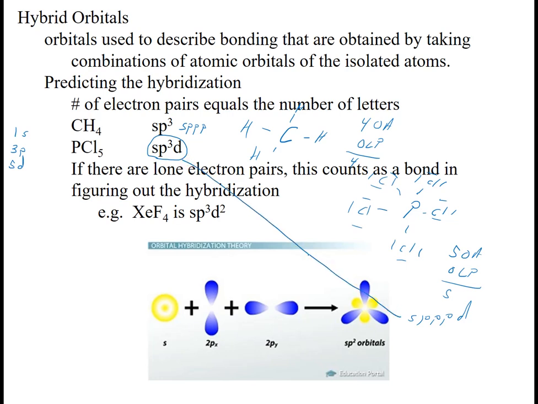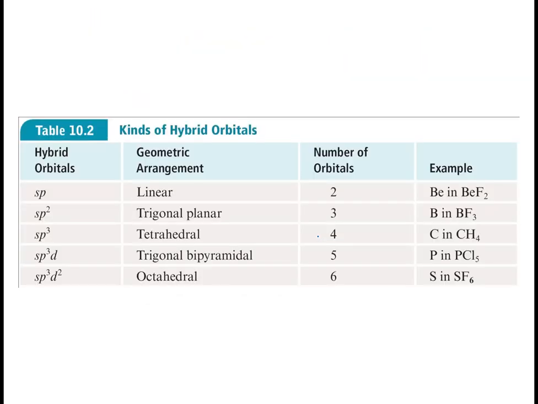Okay, so let's practice. Basically these are by the families. Anything in the linear family is sp. The trigonal planar family, which is trigonal planar and bent, must be sp2. Tetrahedral, which is tetrahedral, trigonal pyramid, and bent, is sp3.